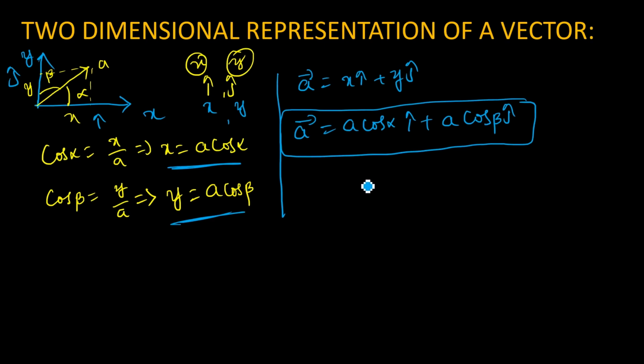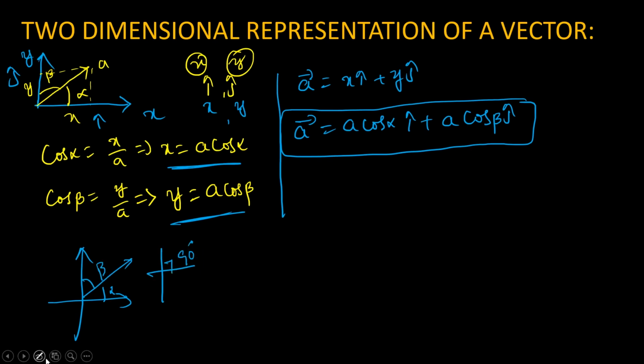Here you need to understand alpha plus beta. What is alpha plus beta? This is alpha, this is beta. The angle between perpendicular lines is 90 degrees. So alpha plus beta equal to 90 degrees.